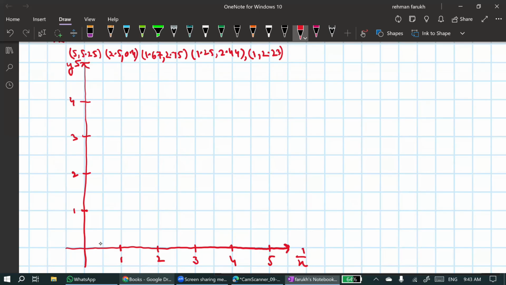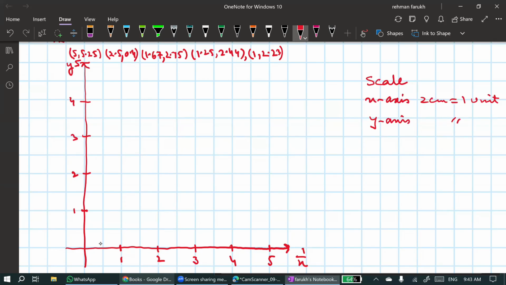Scale. Now we will write down the scale. 2 centimeter is equal to 1 unit. And for the y-axis, the scale is the same.